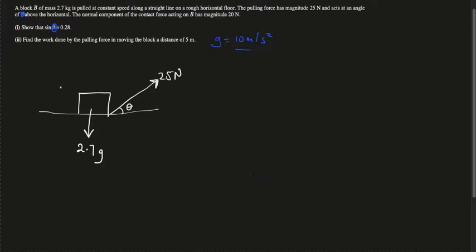So they mean the vertically upward reaction force, and that is 20 newtons.